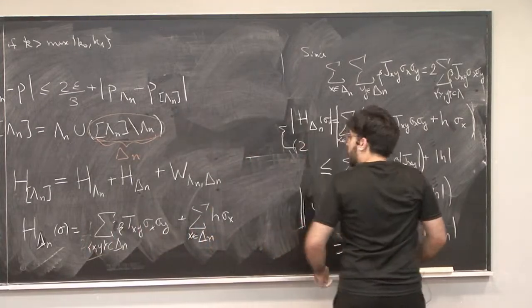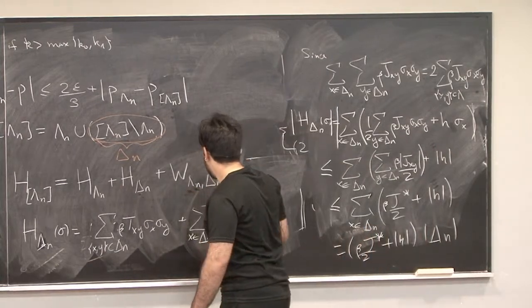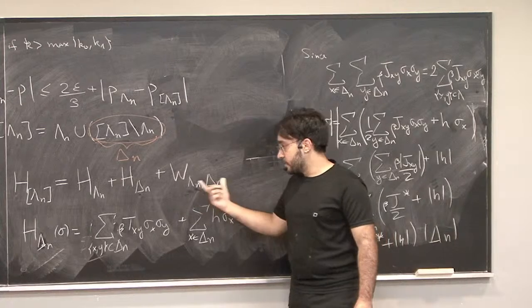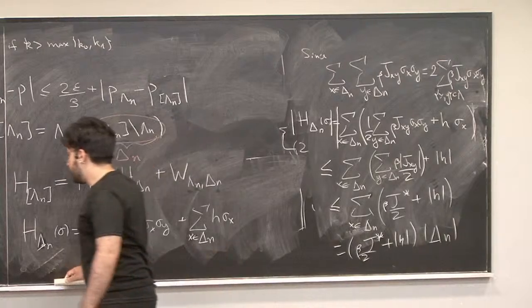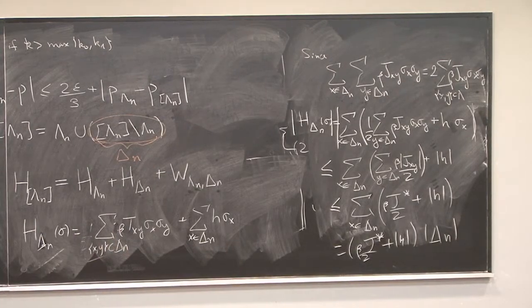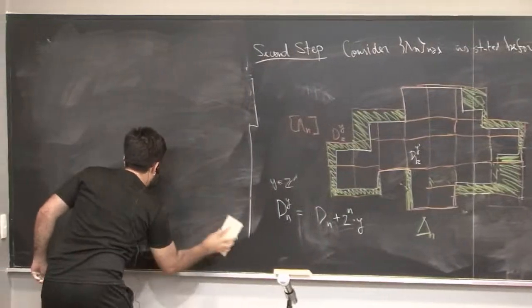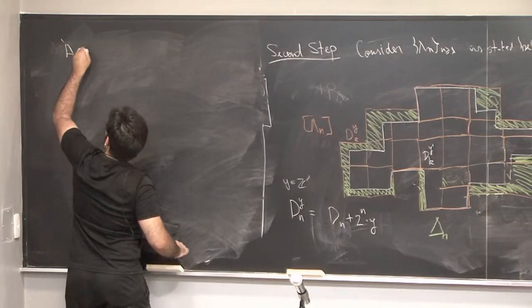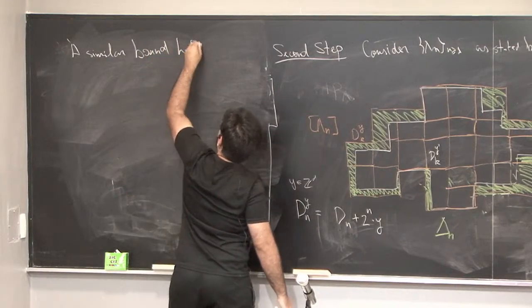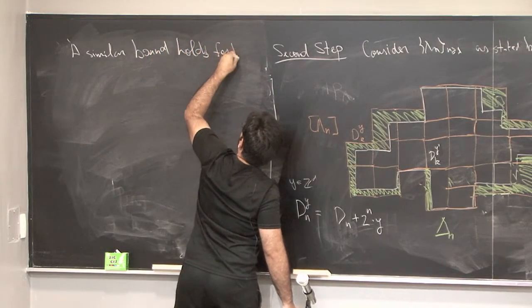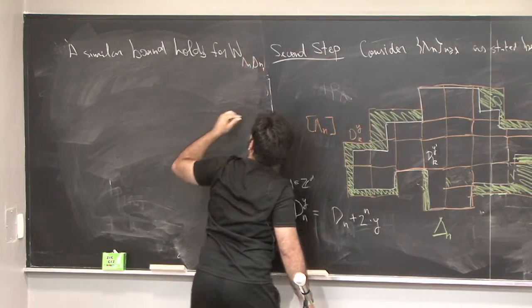A similar bound holds for the term with the mixed term interactions, the W term. So what we get at the end is that a similar bound holds for W, lambda n delta n.